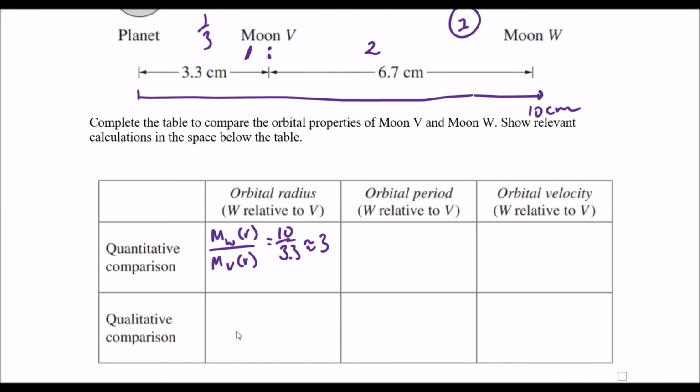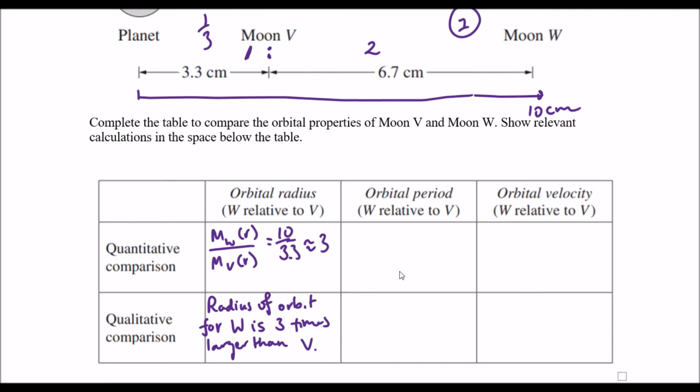So qualitatively speaking, we can say that the radius of orbit for W is 3 times larger than V. So that's what we can do here.